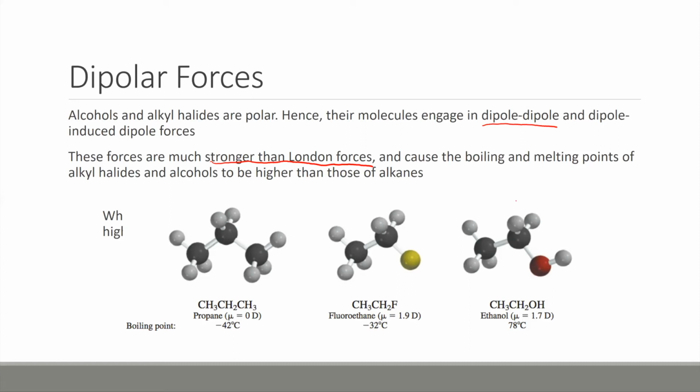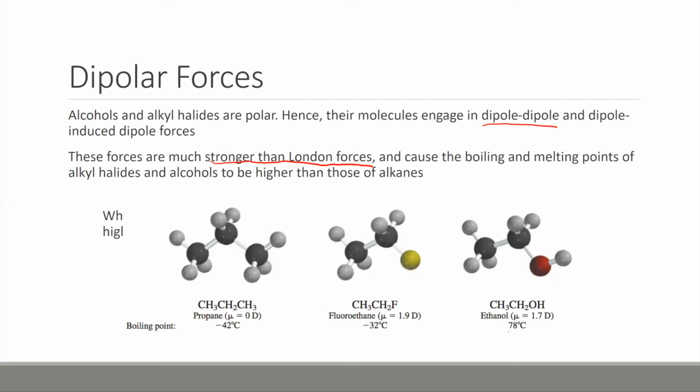So intermolecular forces are what are going to change the boiling or melting point interactions that you find in molecules. Because these are stronger, what happens to our boiling point? Our boiling point is going to increase.